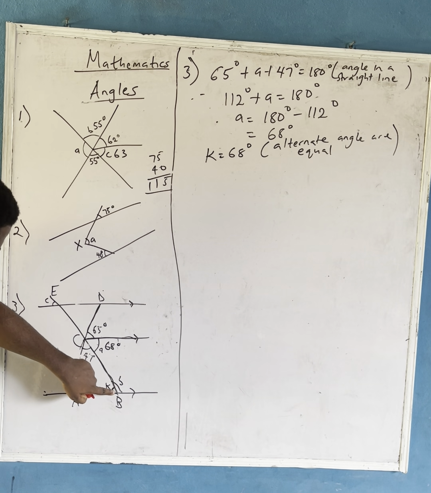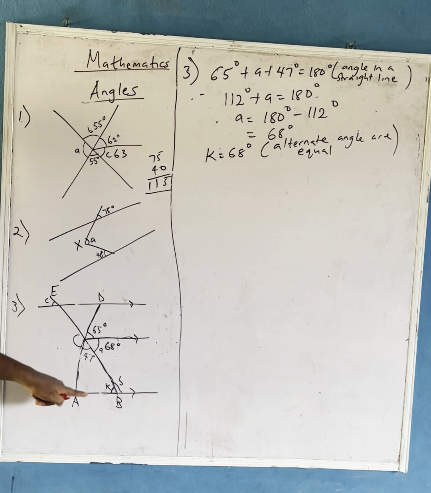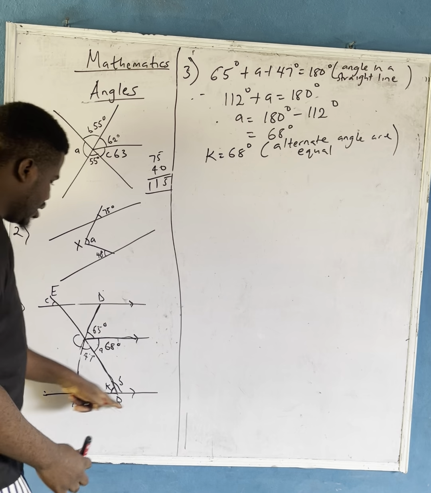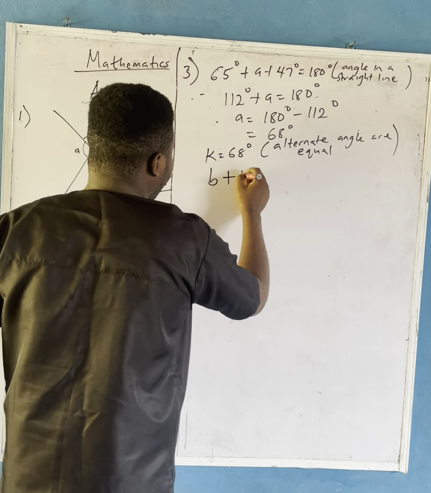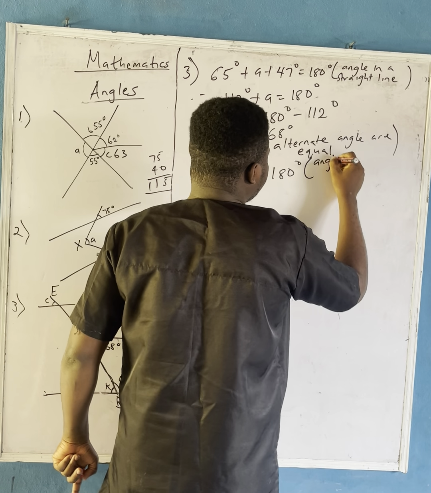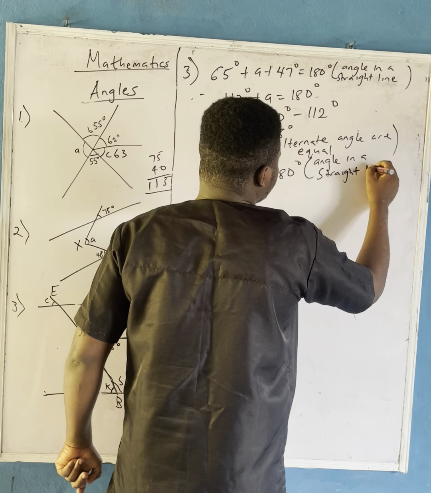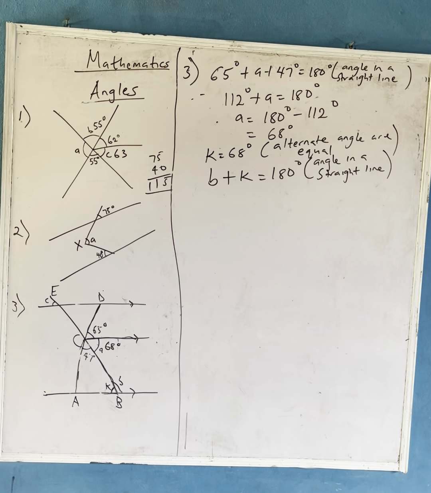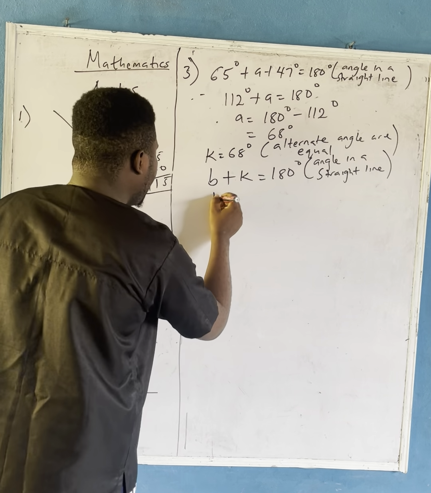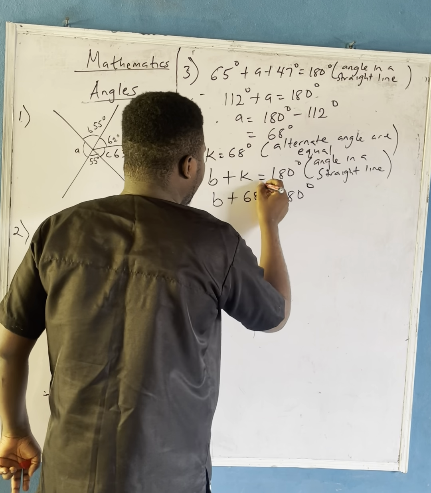And if K is equal to 68, this B will be 180 minus K, because they are also on a straight line. So B plus K is equal to 180 degrees, angle in a straight line. So we have B plus 68 equals 180 degrees.